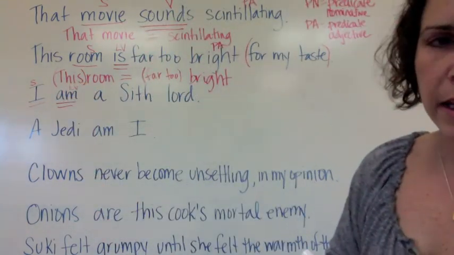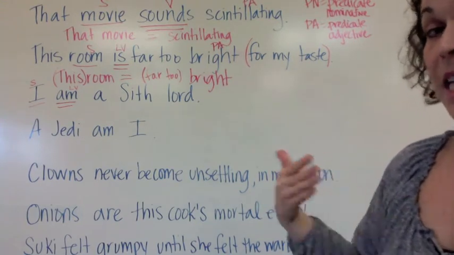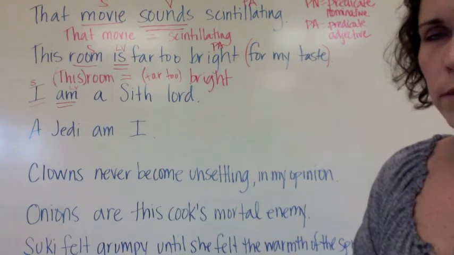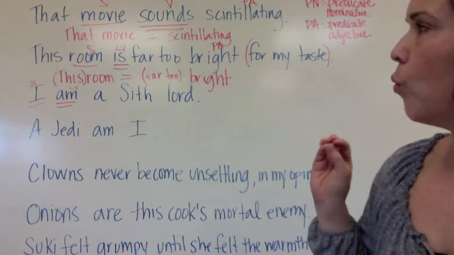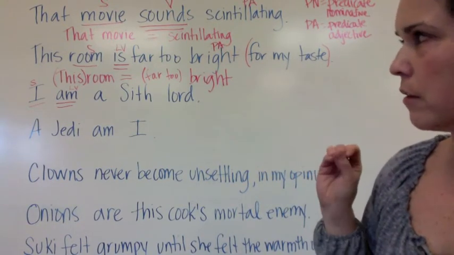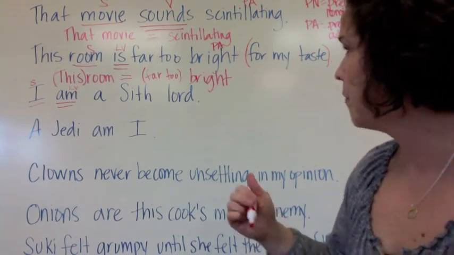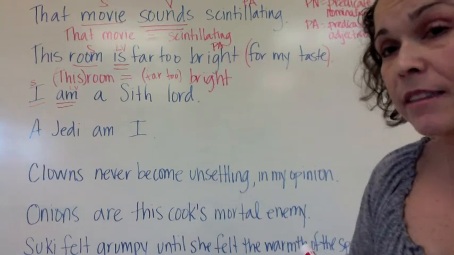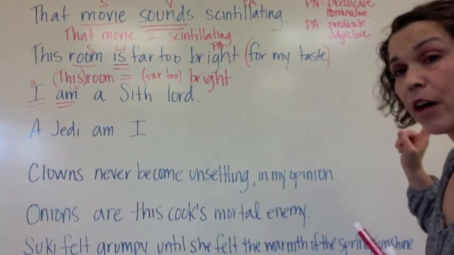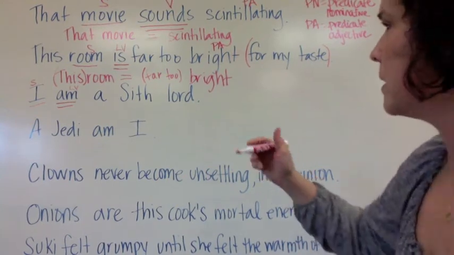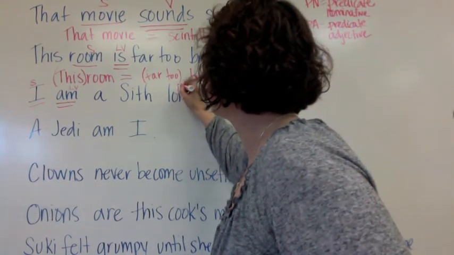It is again a linking verb. So I equal what? A Sith Lord. Okay. So which part of that is actually the subject complement? Lord. Okay, so now, is that a predicate nominative, a noun, or a predicate adjective? It's a predicate nominative. I hope you agree.